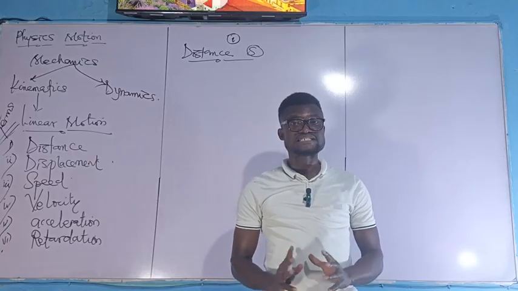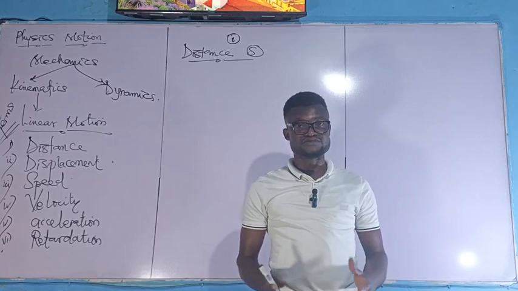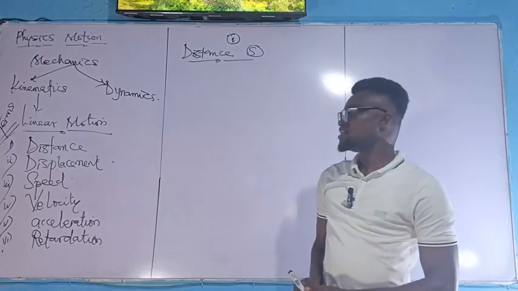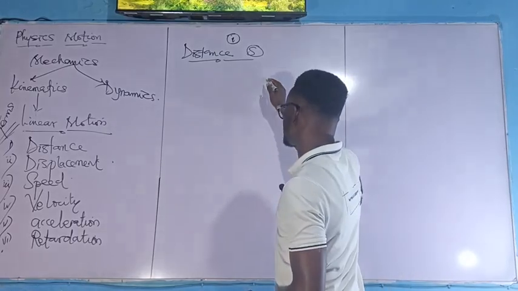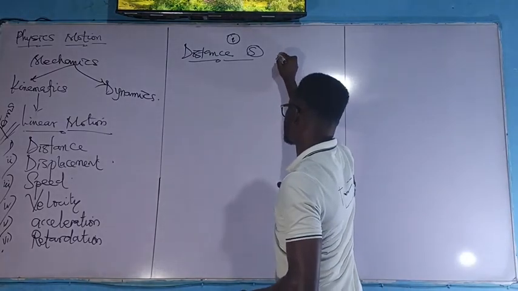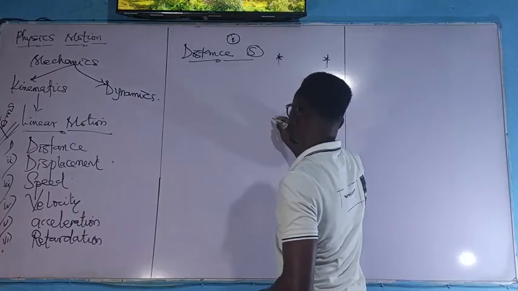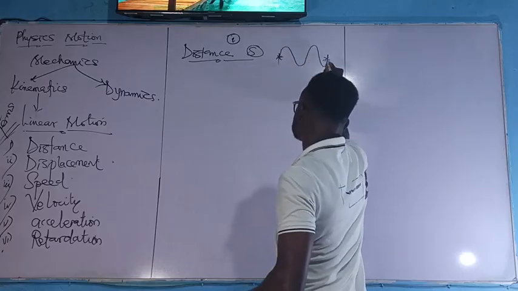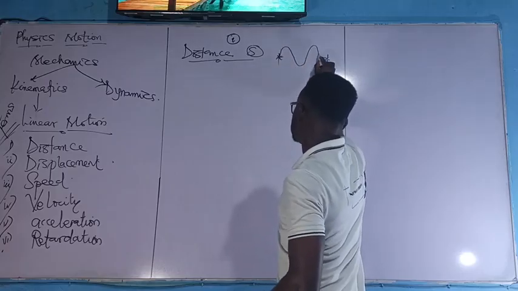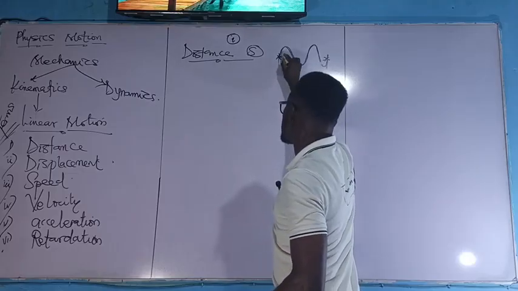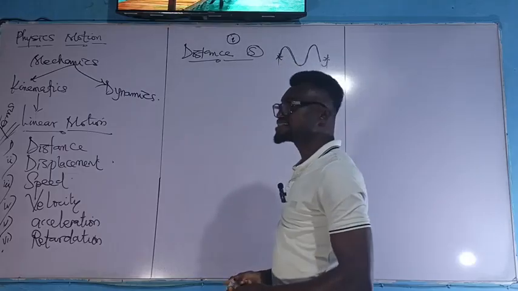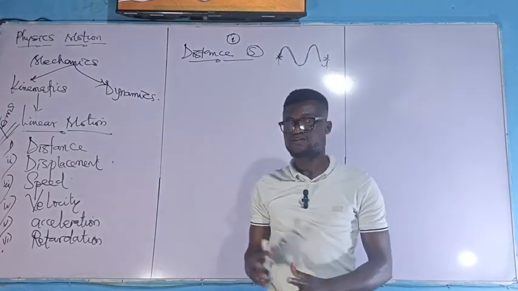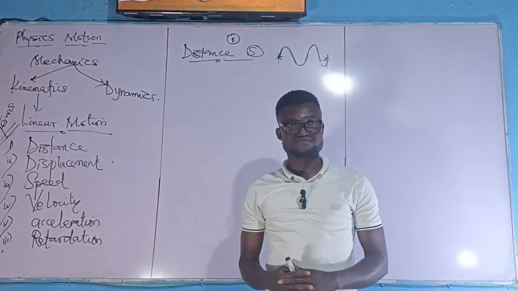The only thing that is important there is the magnitude, which is the size. If I want to take the distance of an object from a particular point A to another point, then moving from here to this point is the same as moving backward. Hence, distance is not in consideration of direction.